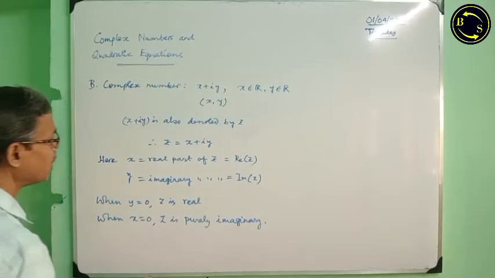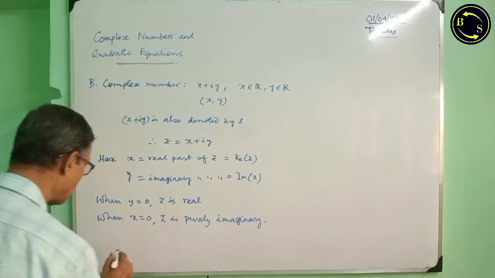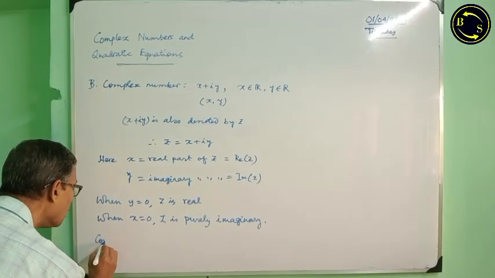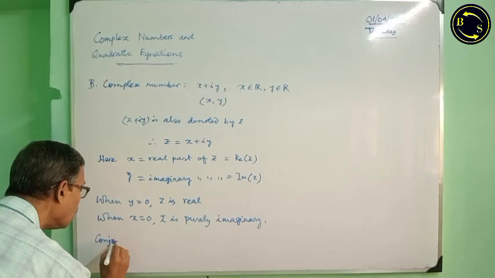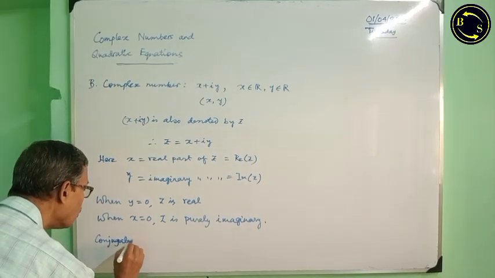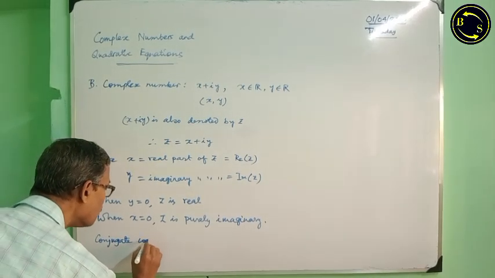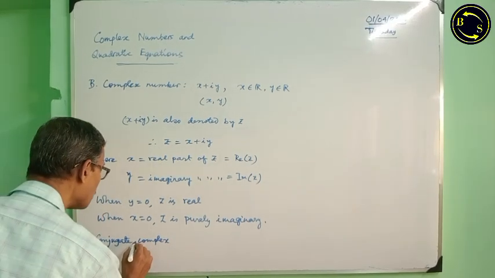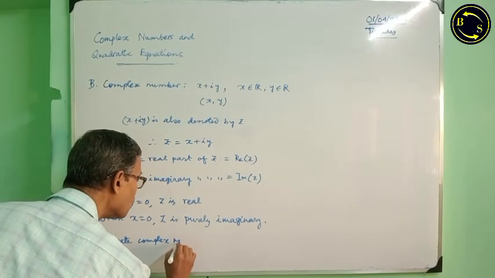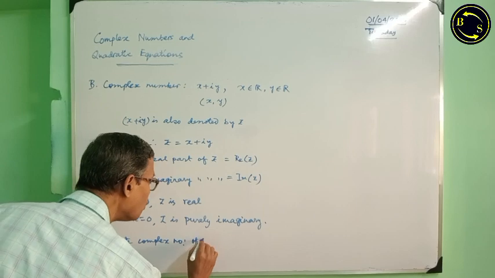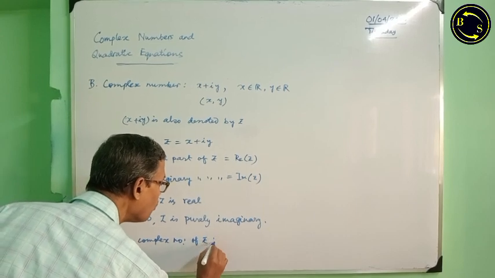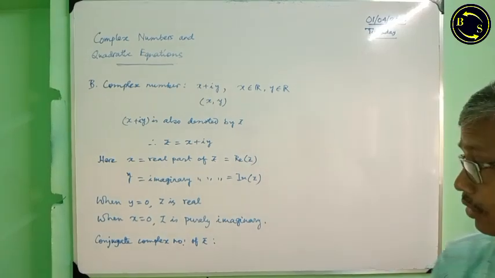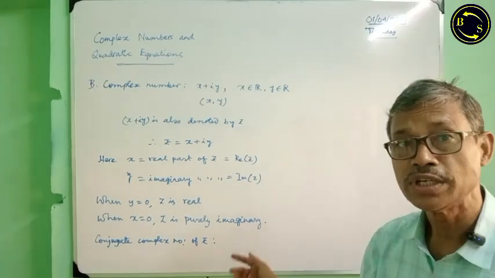Now, there is another term: complex conjugate or conjugate complex number of z.